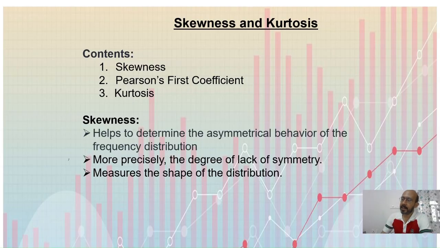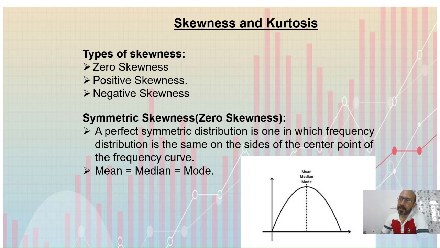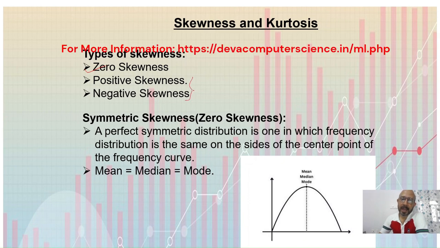It is the measure of asymmetry that occurs when our data deviates from the norm. There are three types of skewness: zero skewness, that is symmetric skewness, and positive and negative skewness, both of which are part of asymmetric skewness.